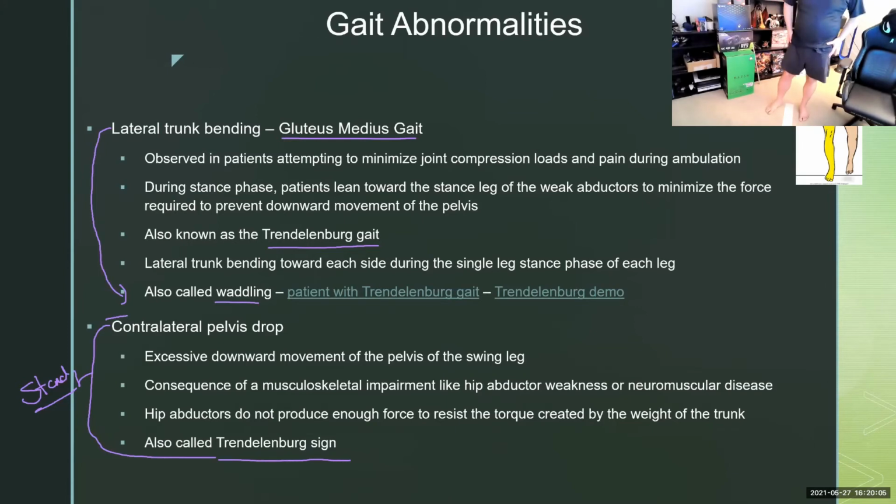So I should be able to hold my leg up off the ground. With a Trendelenburg sign, when you have me lift that foot up, my pelvis drops. So if I'm lifting my right leg, it drops back down. That is a left Trendelenburg problem because it's the left glute med. So if the leg drops, it's the opposite side that's the problem.